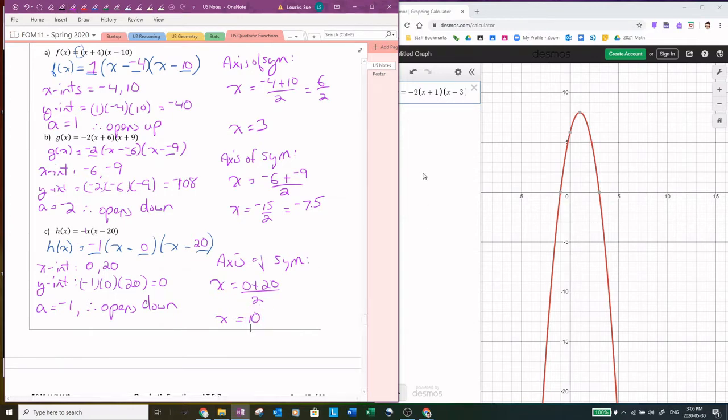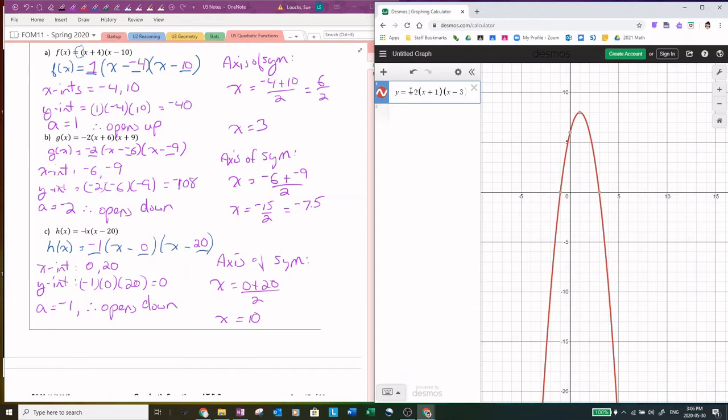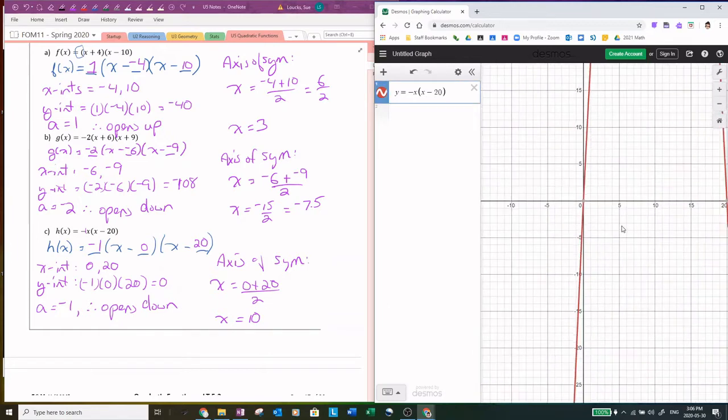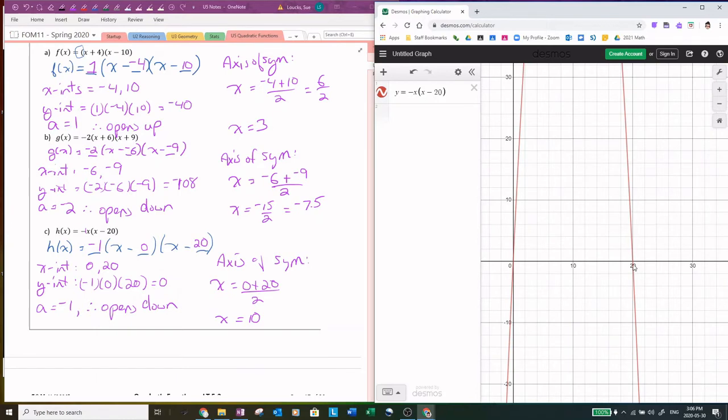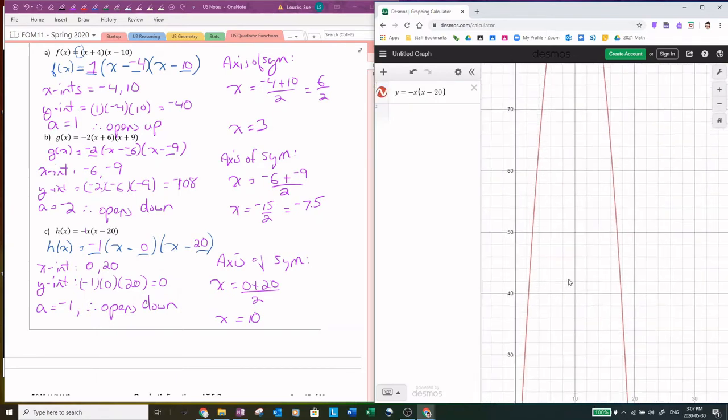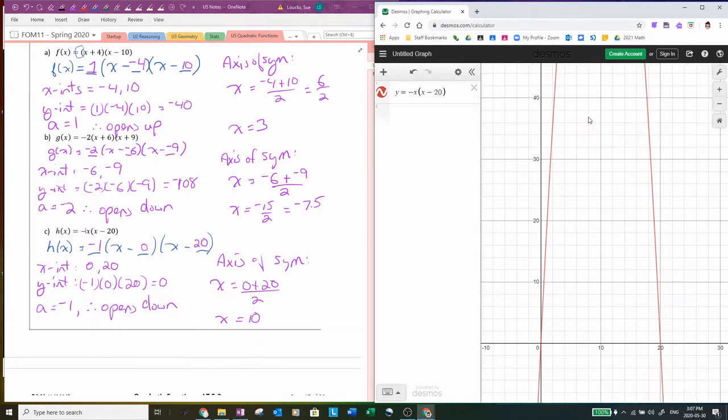And just for fun, let's graph that one. So y equals -x times x minus 20. All right, we have our x-intercept right here is 0, and that's also the y-intercept. There's our other x-intercept at 20. And it opens down, right?